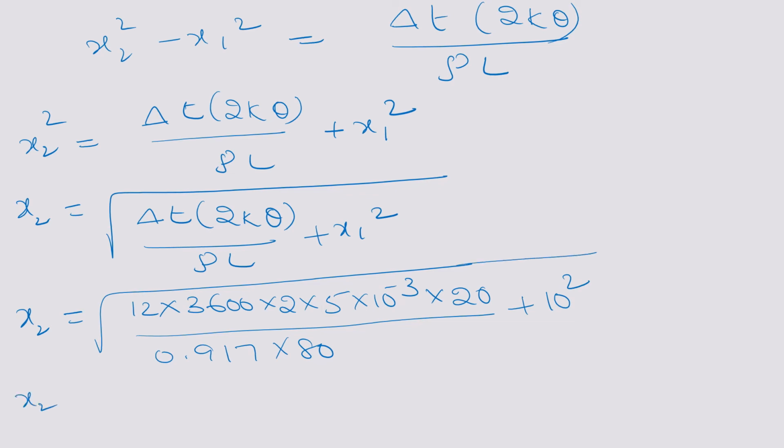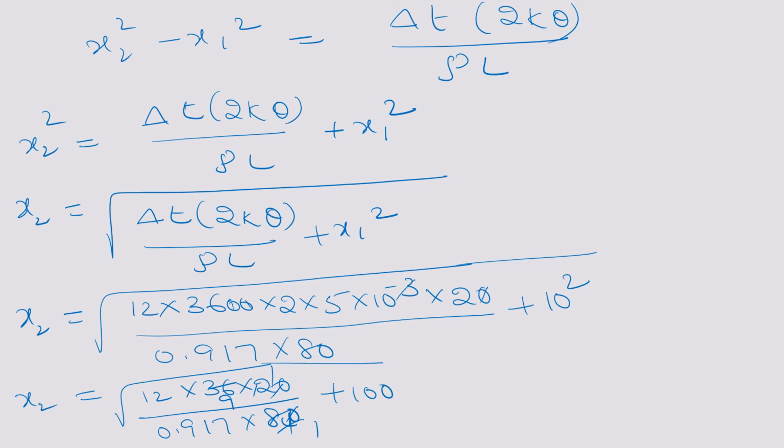So x2 is equal to under root of 12 into 36 into 20 by 0.917 into 80, zeros cancel, plus 10 square, nothing but 100.